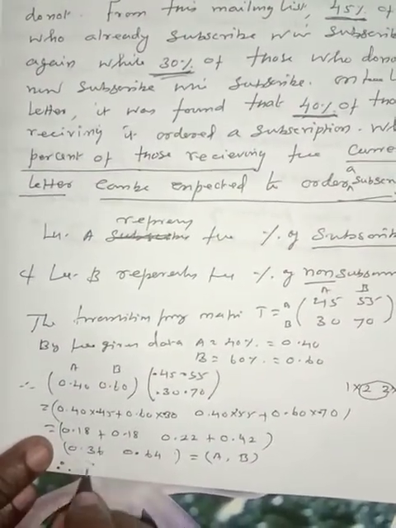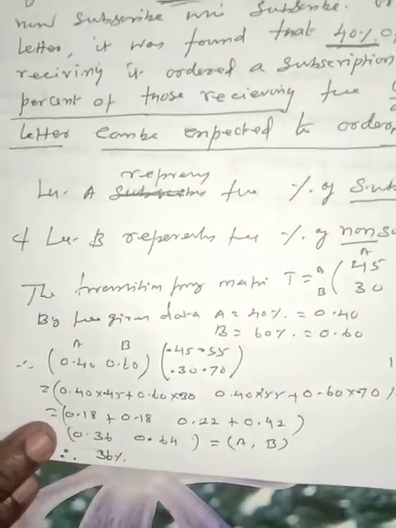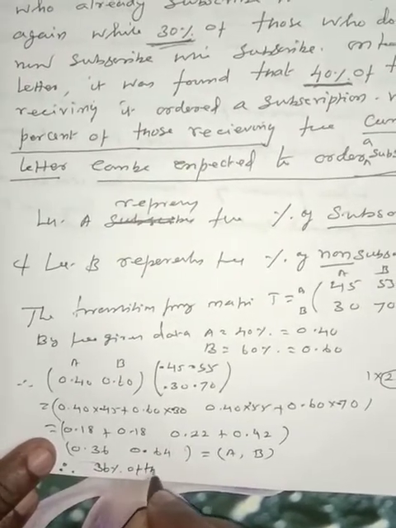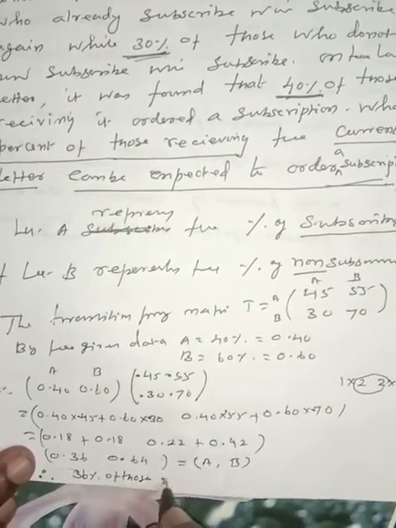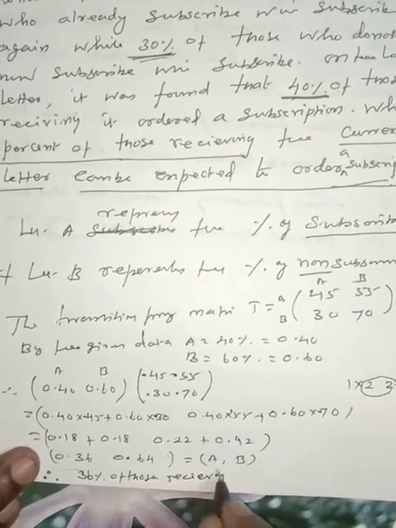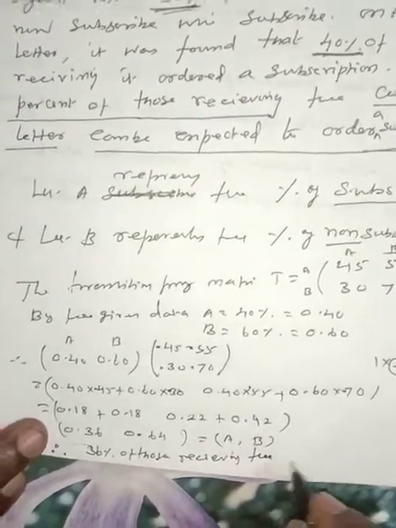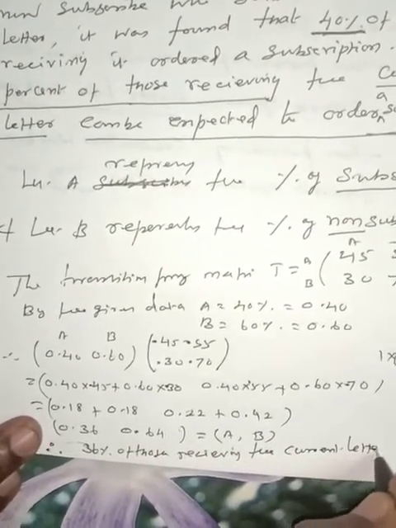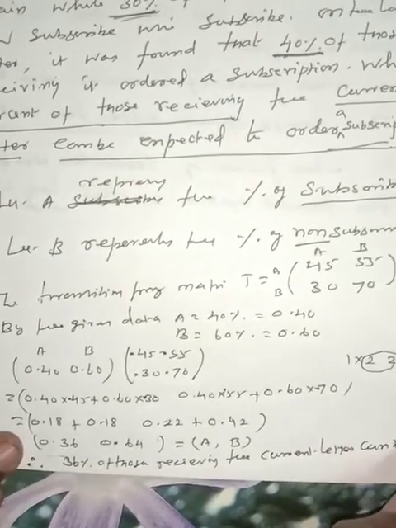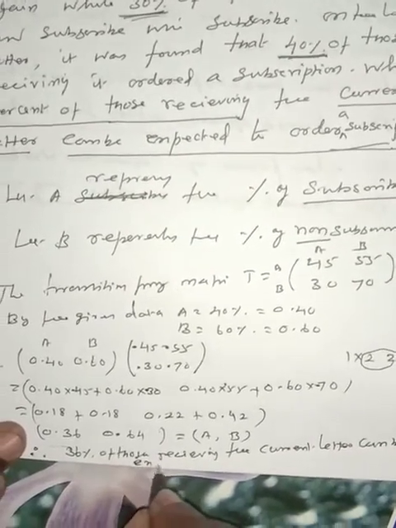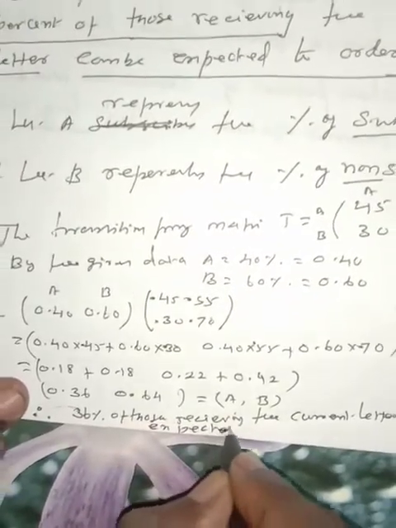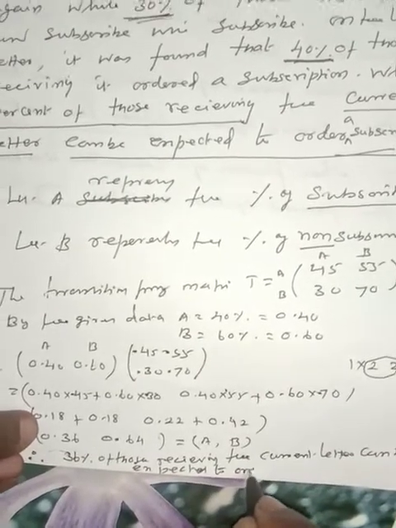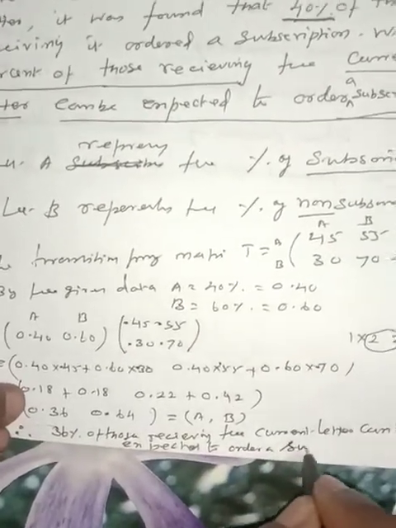A is 36, so 36 percent of those receiving the current letter can be expected to order a subscription.